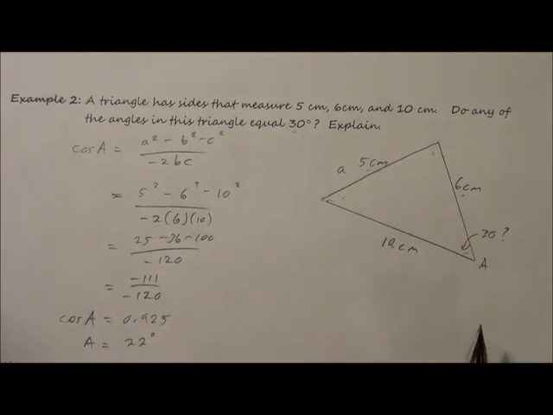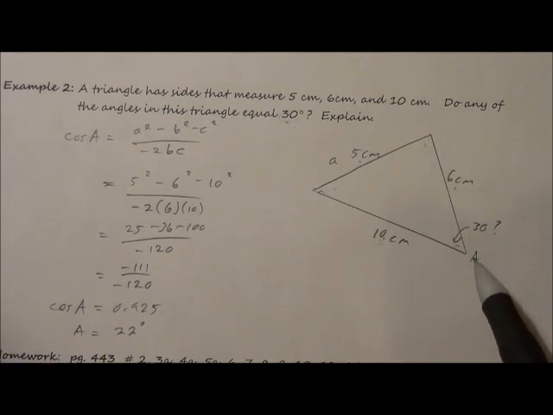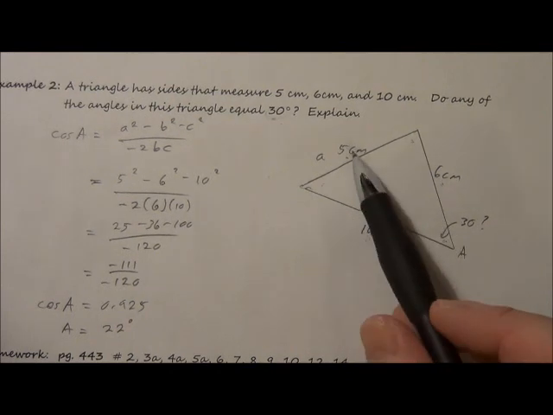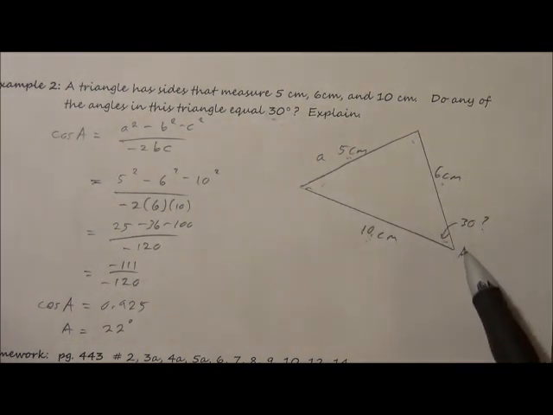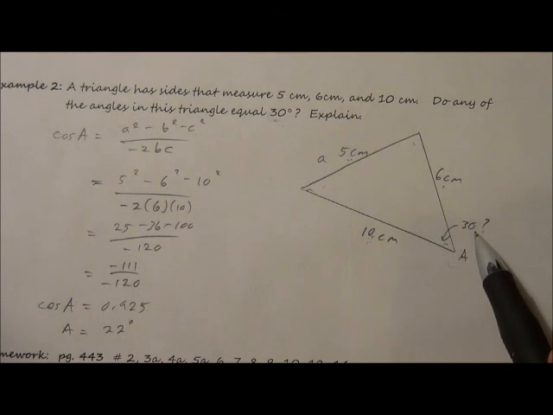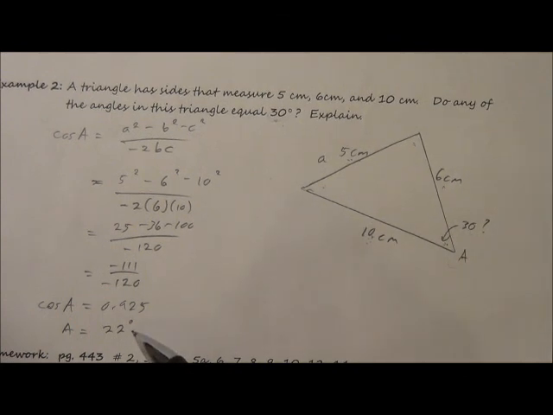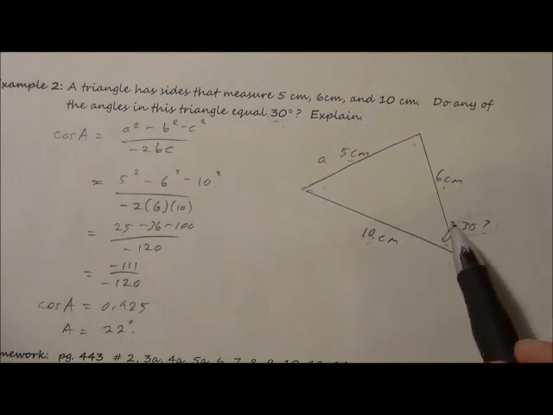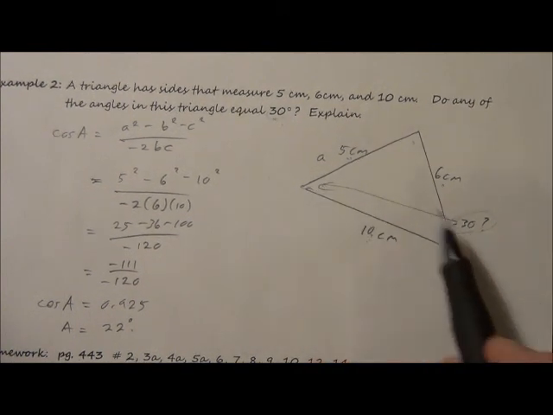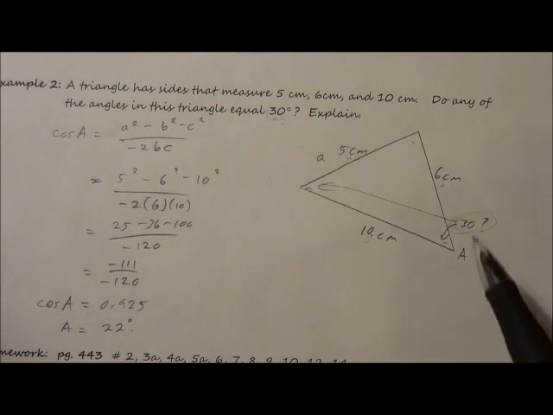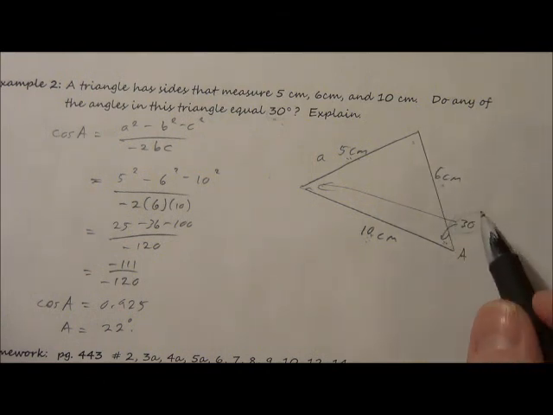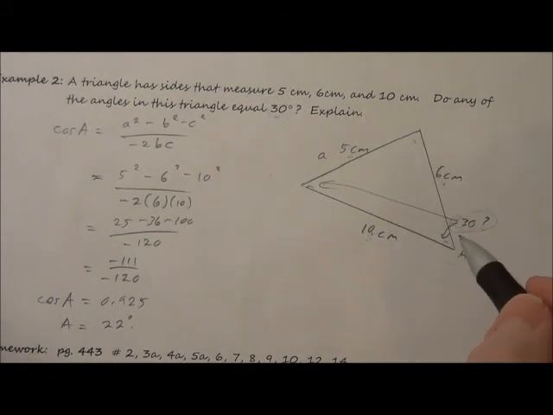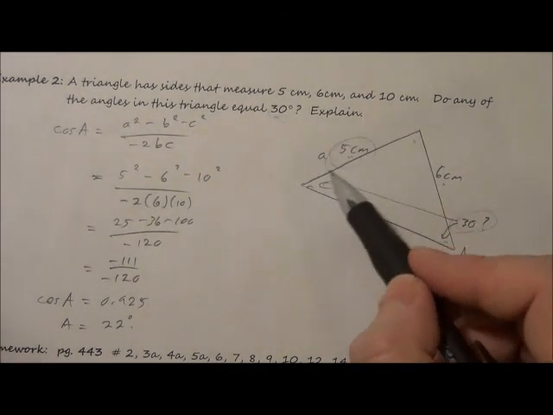Okay, since A is the smallest side, A would have to be the smallest angle. And since angle A is 22 degrees, that means there's a possibility now that the 30 degree angle, if there is one, is across from the side that's 6 centimeters long. So now that I've used cosine law, I'm going to use the sine law, because I know one complete ratio.